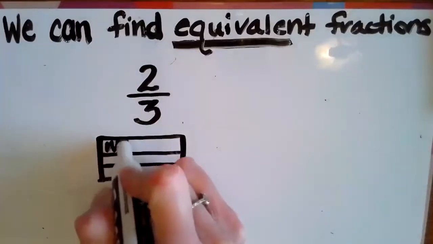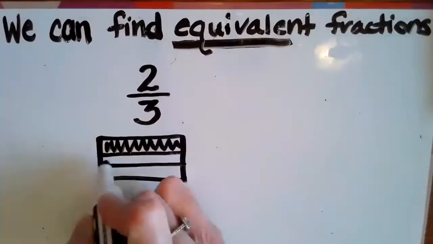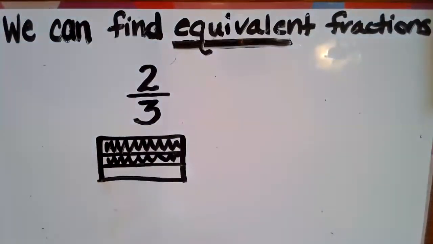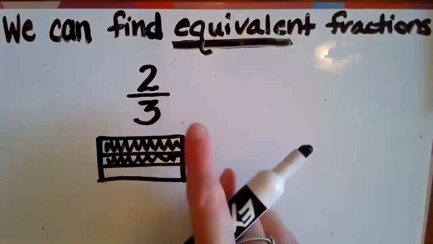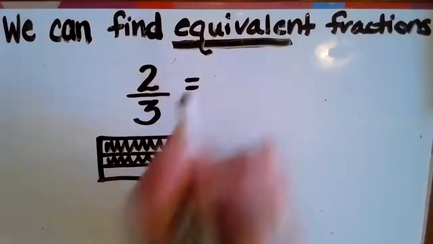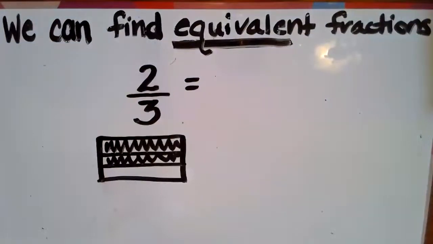If I shade in 2/3, I would shade in 1/3, 2/3. When we are finding equivalent fractions, we are looking for a fraction that represents the same part of the original whole. So we want to know, what is something else that is equal to 2/3?